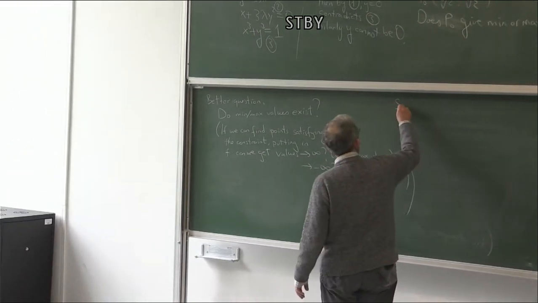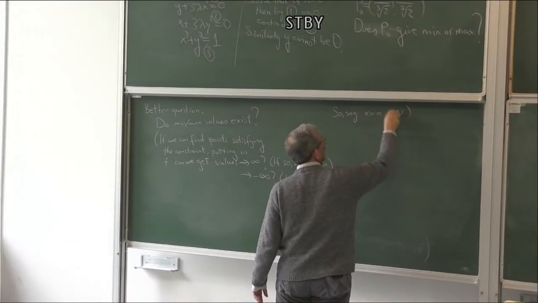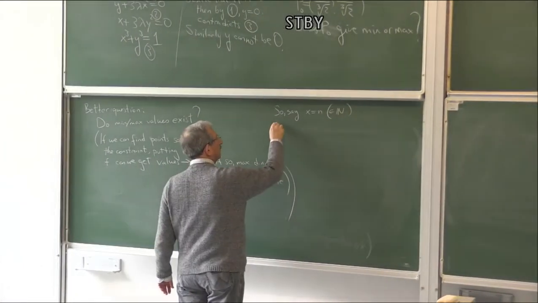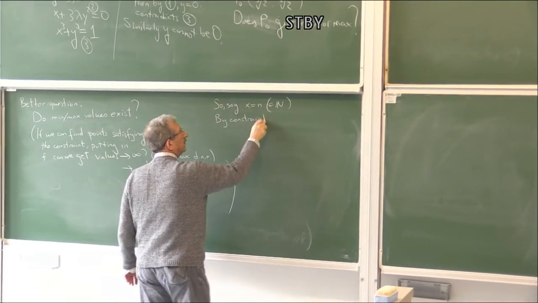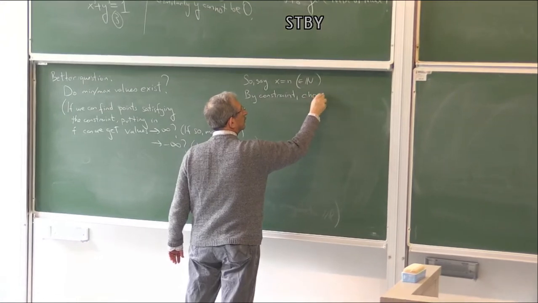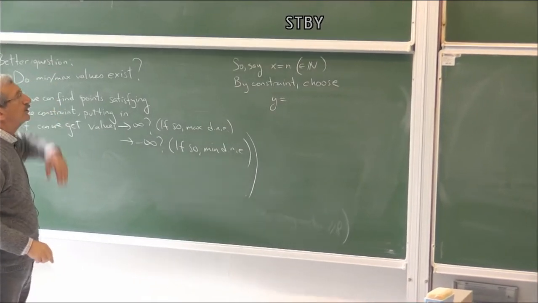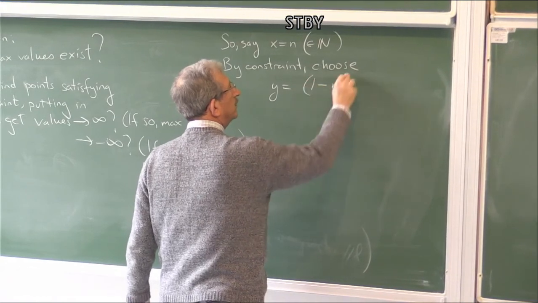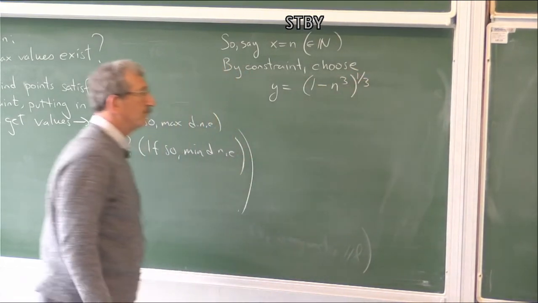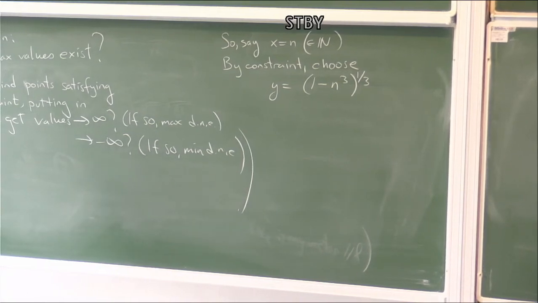So, say x is an arbitrary number in N. Then, by the constraint, choose y, but it must satisfy that the sum of the cubes is 1, so it will be 1 minus the cube, under the cube root. Then, of course, the sum of the cubes will be 1, so it will be a point from x cubed plus y cubed equal to 1.